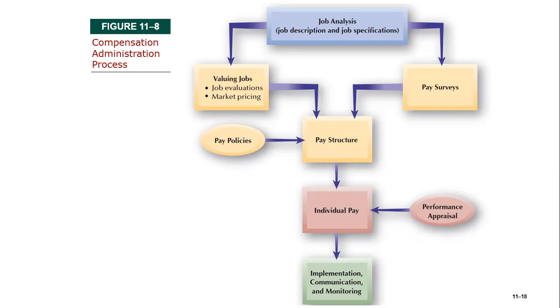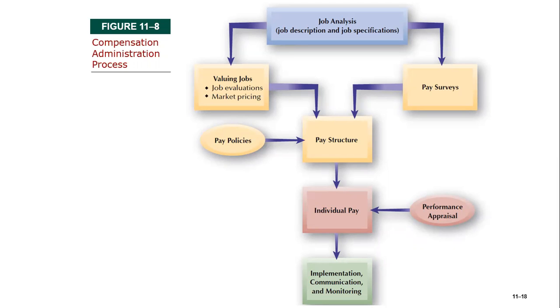Okay. Based on these two different types of information, job valuing and pay surveys, we develop our pay structures: how we are going to set different parameters, how we are going to set the salary slabs for every different grade within the organization.